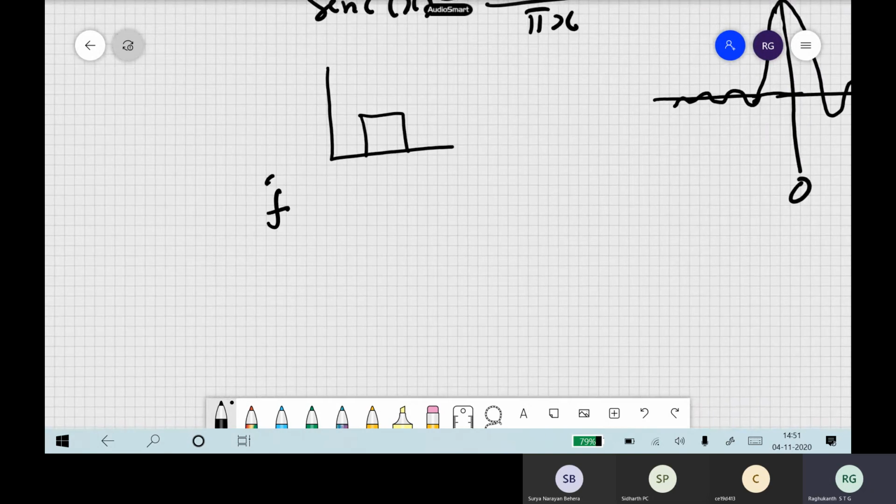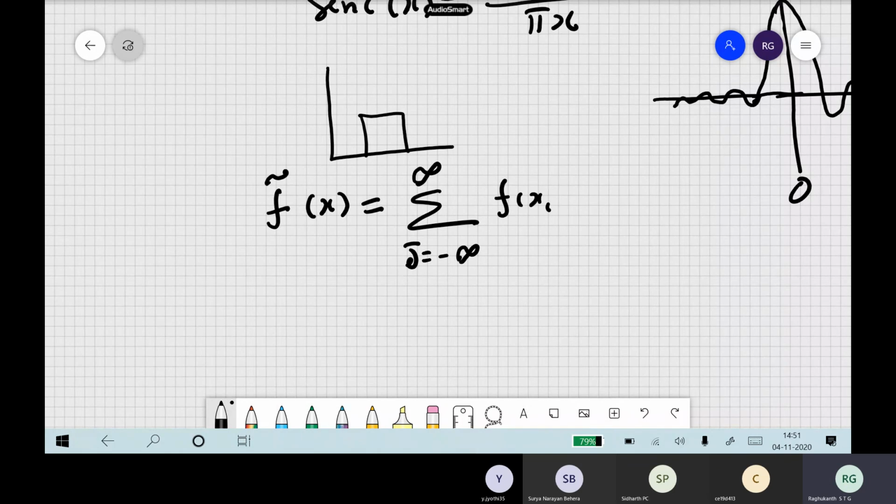So if you want to represent f of x like this, sum over j equal to minus infinity to infinity of f of xj times the cardinal function. So when I write this expression, what happens now? When you substitute xj, what is the property of this cardinal function?